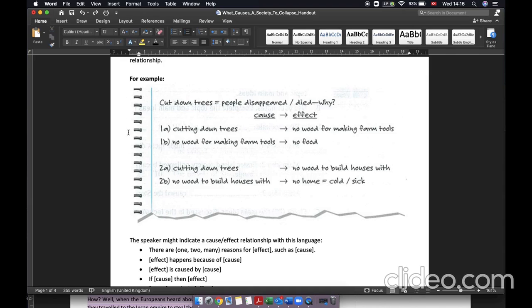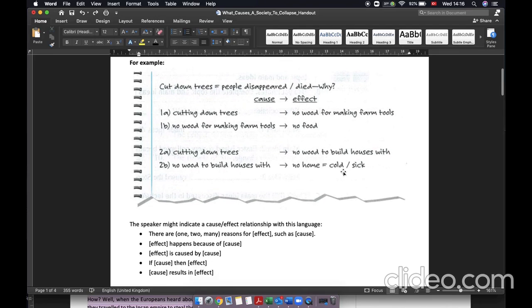And also, cutting down trees resulted in absence of wood to build houses with. And because there was no wood to build houses with, people had no homes and they got cold and they got sick and they died.